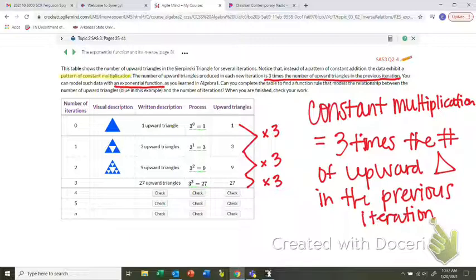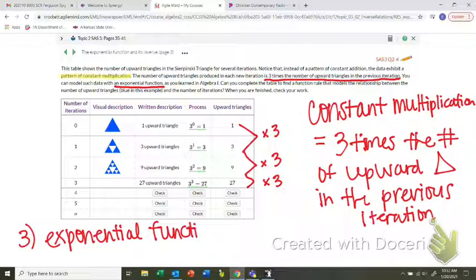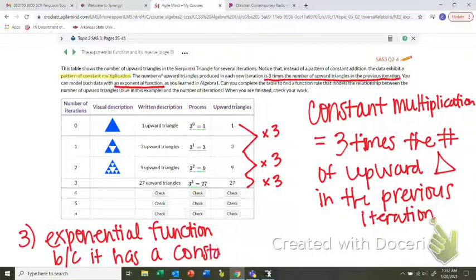So for number 3, write: exponential function, because it has a constant multiplication.